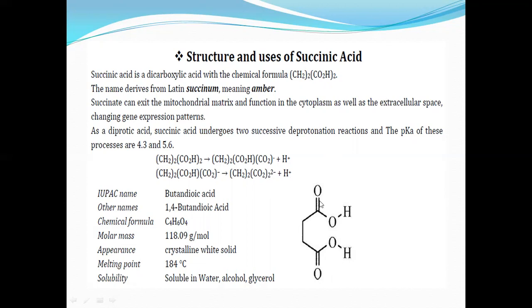This is also known as butanedioic acid, as it has two carboxylic acid functional groups. Basically, the main systematic name is 1,4-butanedioic acid. It appears as a crystalline white solid having a melting point of 184 degrees centigrade.